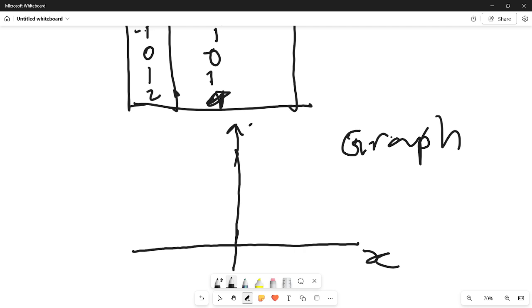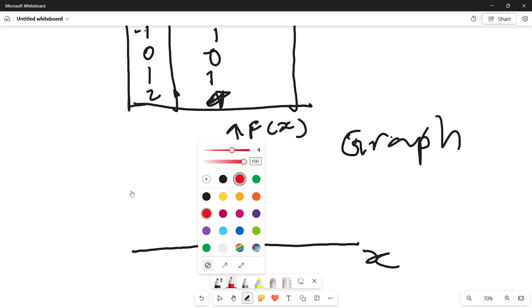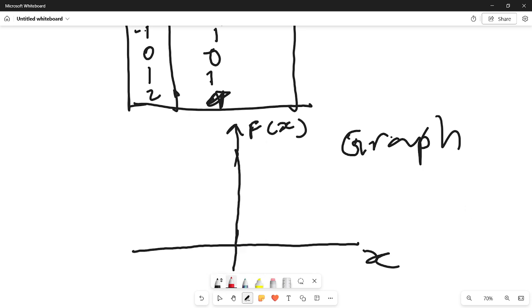And the y-axis, that's our f of x. That's our y-axis. Okay. From the values that we have seen so far, we know that we have a point 0, 0. When x is 0, y is 0. So that's the origin.